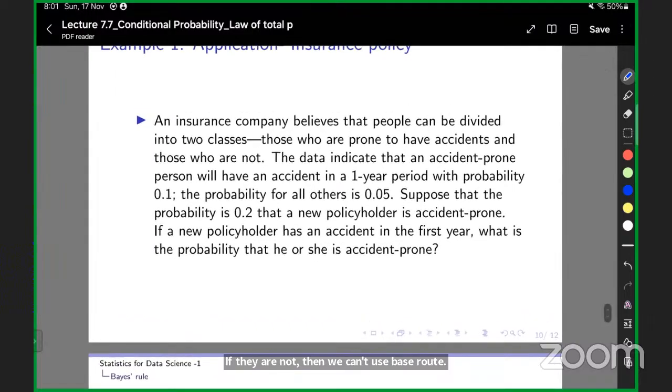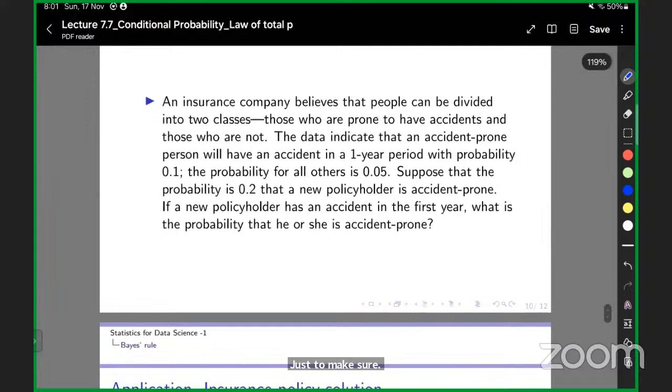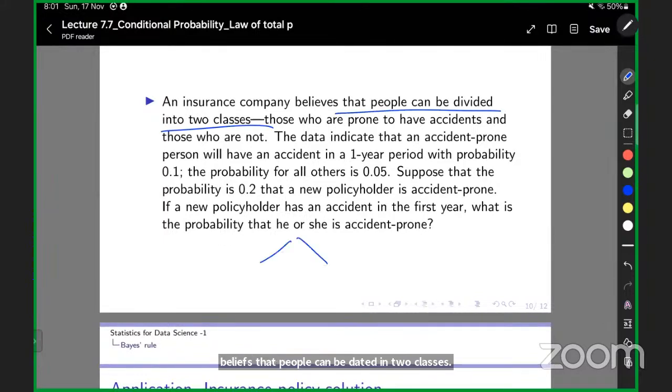Okay, so an insurance company believes that people can be divided into two classes. So they can divide people into two classes: those who are accident prone, and those who are not, or maybe you can write it as a complement.